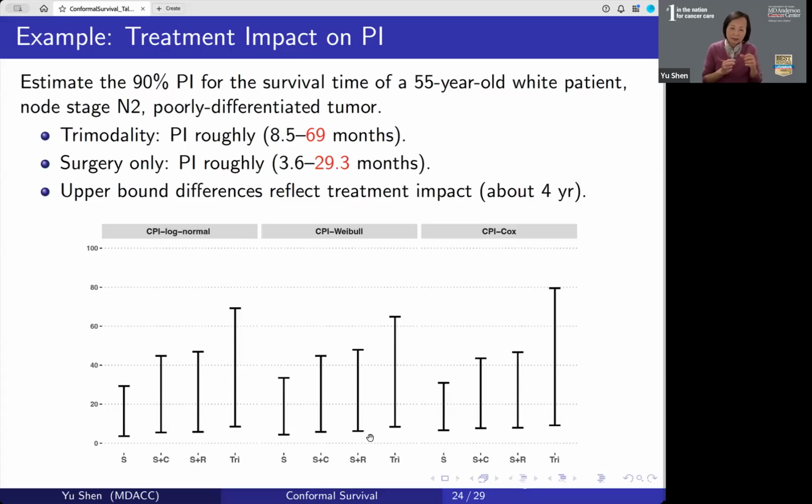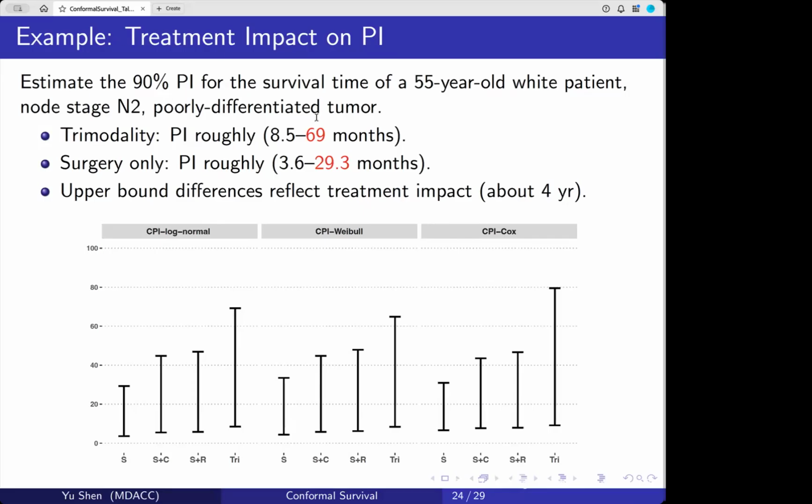But in fact, in this paper, in our supplementary material, we did a lot more careful, in-depth analysis. We even did cross-validation and data splitting for the example data. We make sure those estimated prediction intervals do have good coverage.